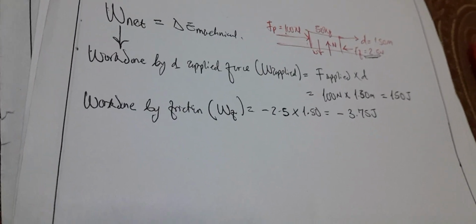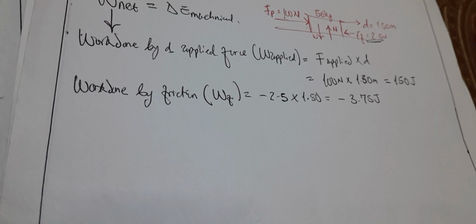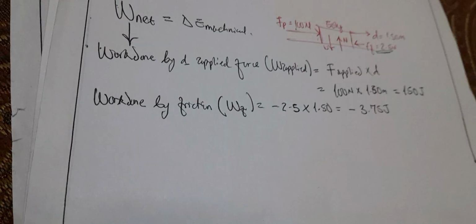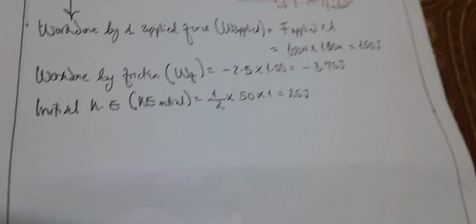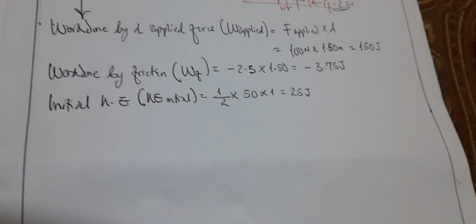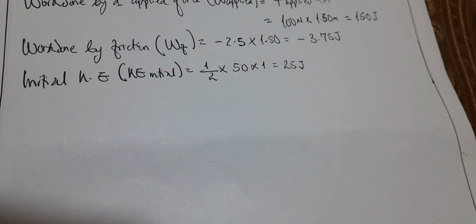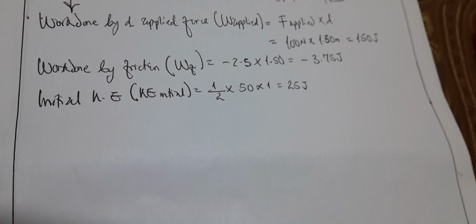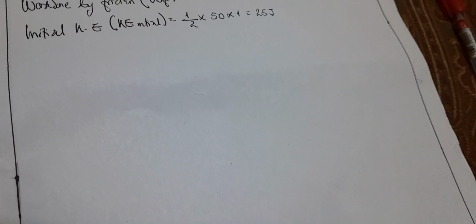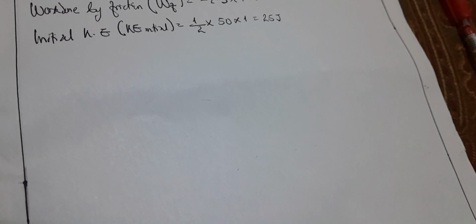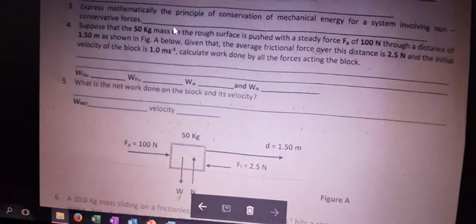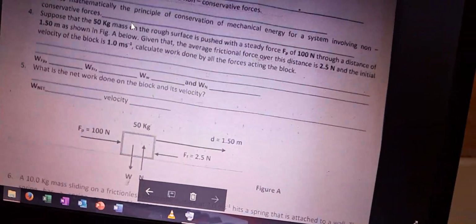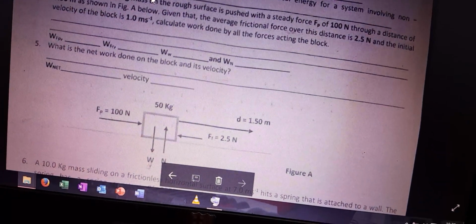There's still one more energy that we've not explained, and that's the initial kinetic energy. The initial kinetic energy is 1 over 2 mv square. In the question, I'm sorry, I omitted the formula: the kinetic energy equals half mv square.